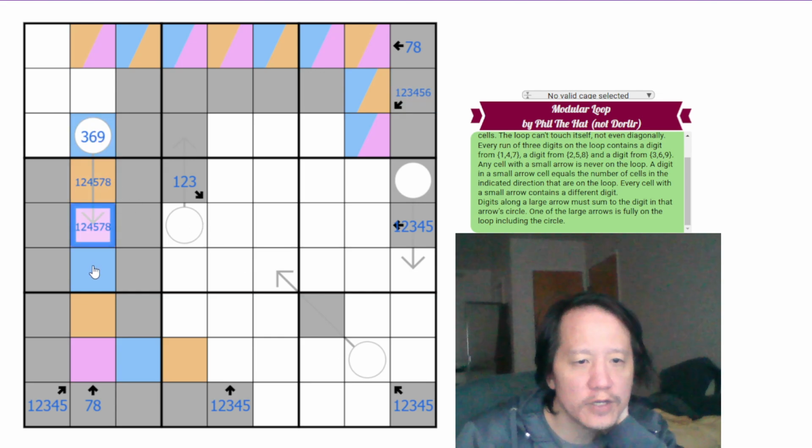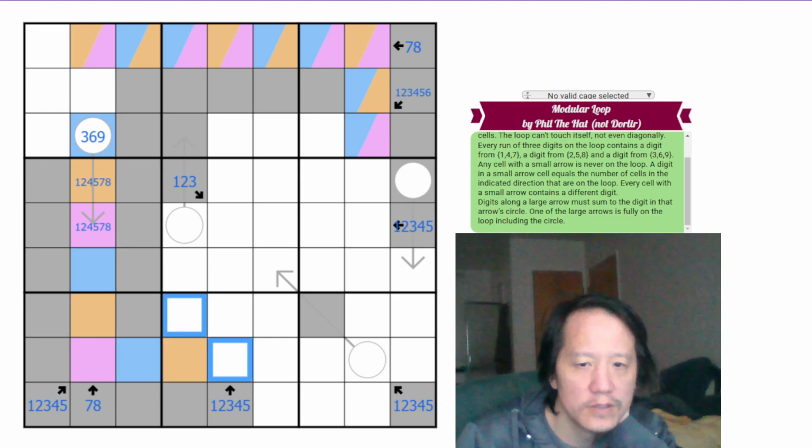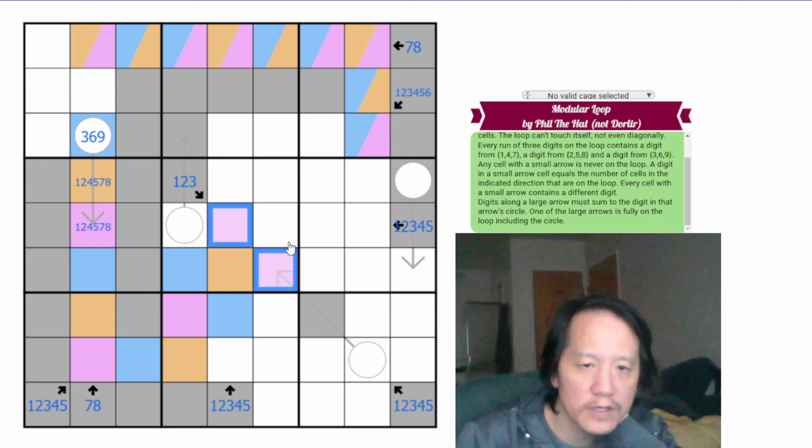Blue, orange, pink, blue, orange, pink, blue, orange. One of these is pink. Oh, wait, no, we know it's this one. So this is pink. Blue. This has to be orange. Pink. This is blue. One of these is orange. This is pink. This is blue.